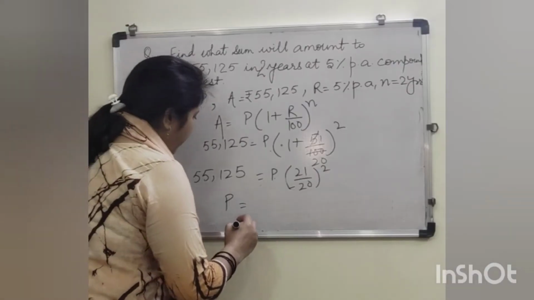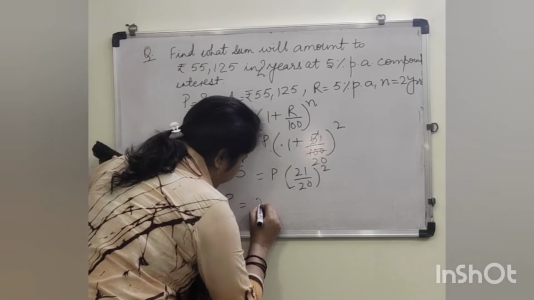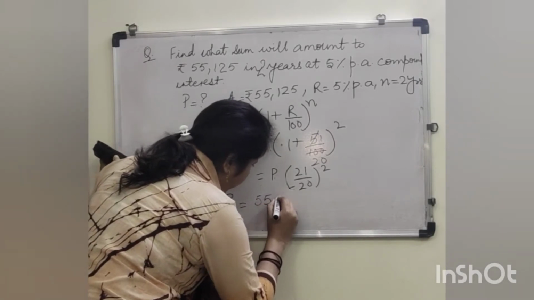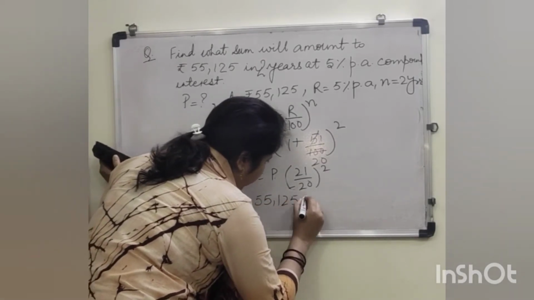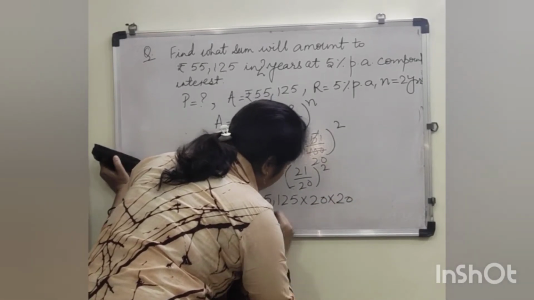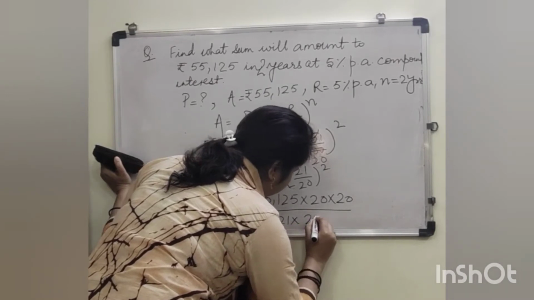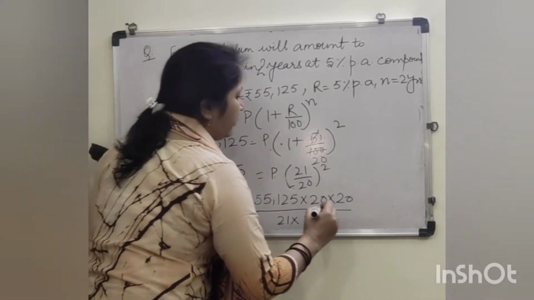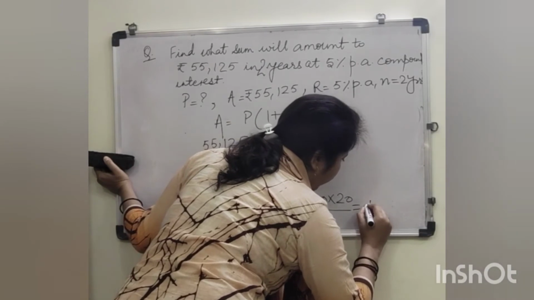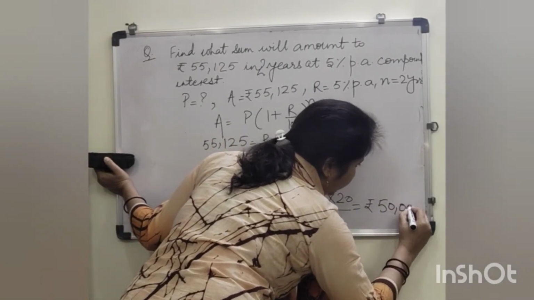So when we have to calculate P, that is 55,125 into 20 upon 21 into 21. When you solve, you will get your principal as rupees 50,000.